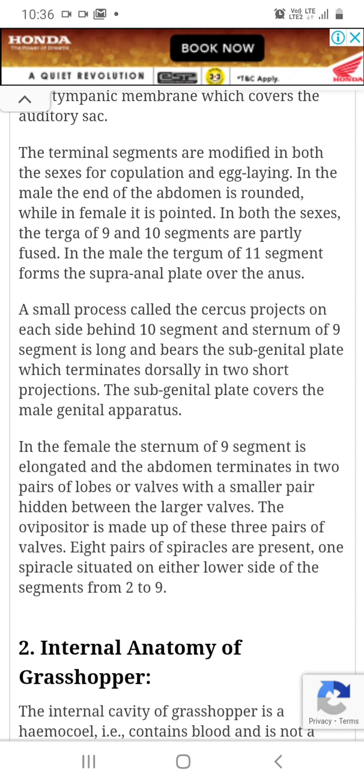On the lateral side are present openings through which the air enters to the trachea via spiracles. So each segment bears one pair of spiracles. Thus, 8 pairs of spiracles are present in the abdomen and 2 pairs of spiracles are present in the thoracic region.